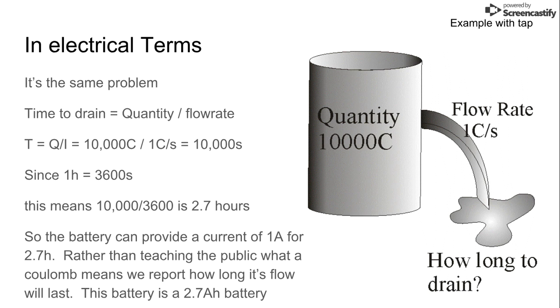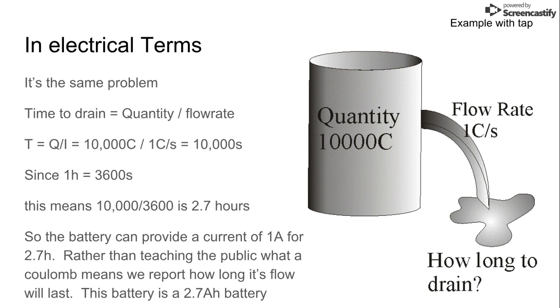This battery is a 2.7 amp hour battery. What it's saying is this battery kicked out 2.7 amps of electrons in an hour. 2.7 coulombs per second flow for a full hour.